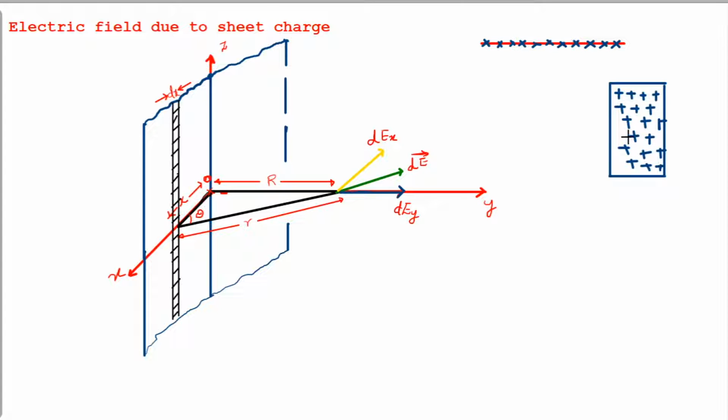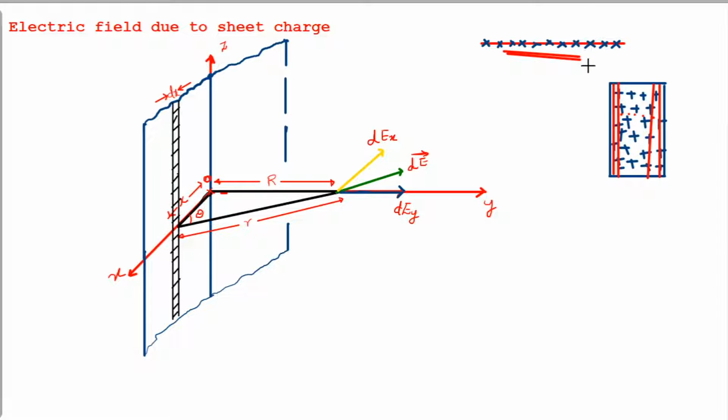Or the better way of representing this sheet of charge is so many line charges, 1, 2, like that many line charges aligned like this. Is this better? And each line charge is having point charges like this.